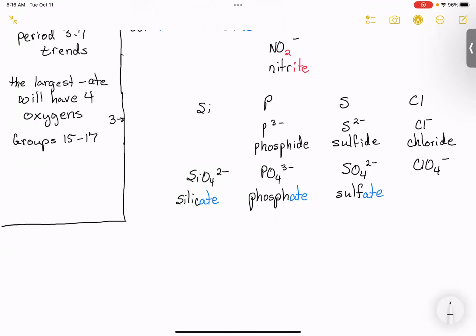They do decrease in charge, but what else? But more importantly, the charge is the same as that of the anion, as that of the elemental anion.